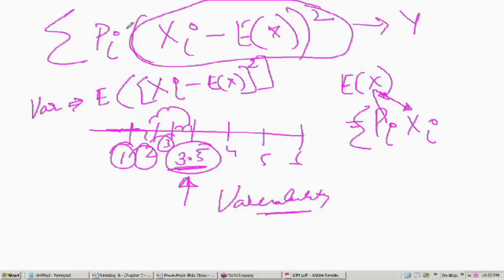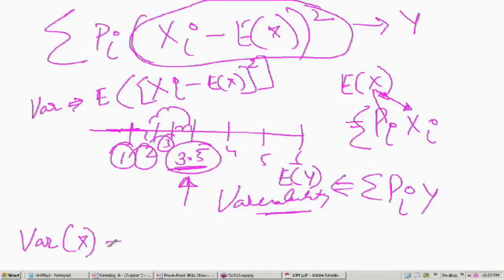Then you are finding the summation of p_i y. If I wrote summation of p_i x_i as the expected value of X, I can write summation of p_i y as the expected value of Y, which is (x_i minus E[X]) whole square. So the variance of X is nothing but the expected value of (x_i minus E[X]) whole square.